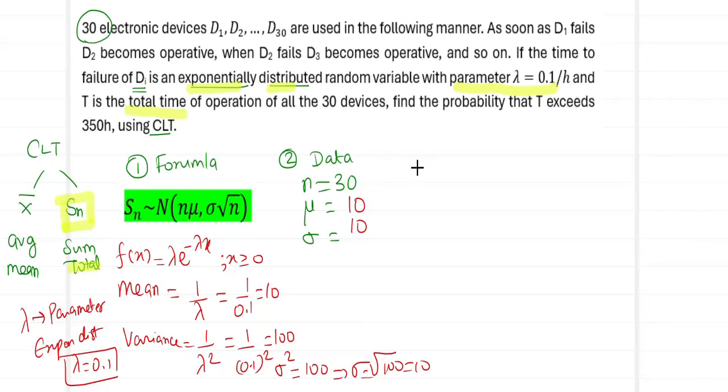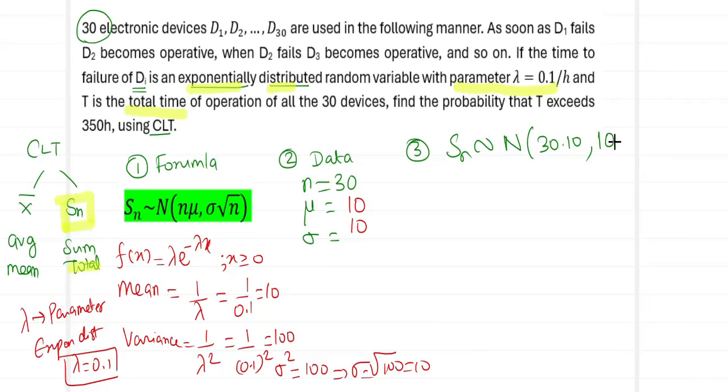Now, move on to step number 3. Identify the formula with the given data, which means Sn follows a normal distribution with n mu. So what is my mean? 30 times mu, so 30 times 10. And what is going to be my sigma?